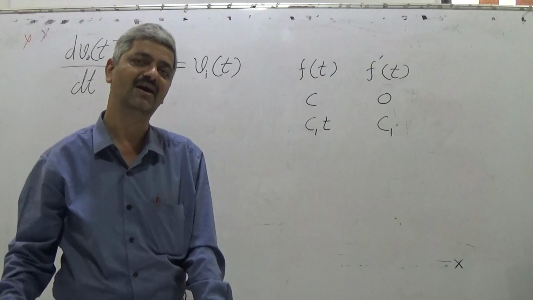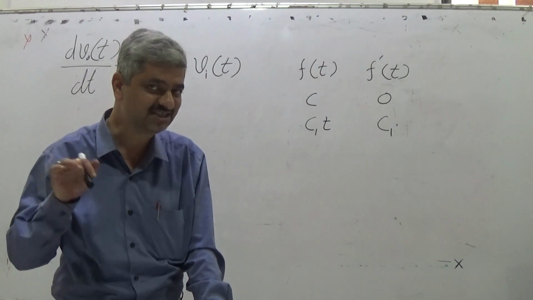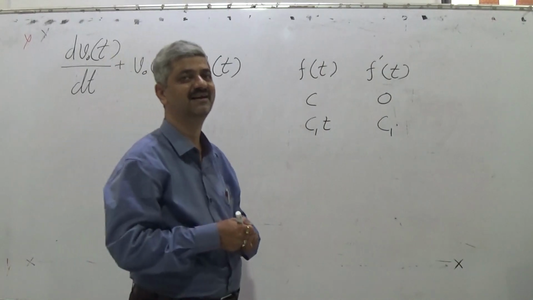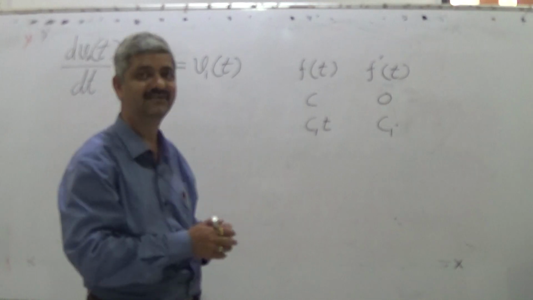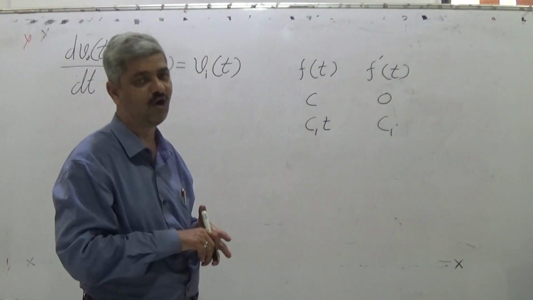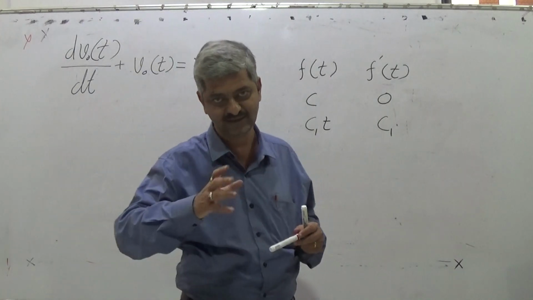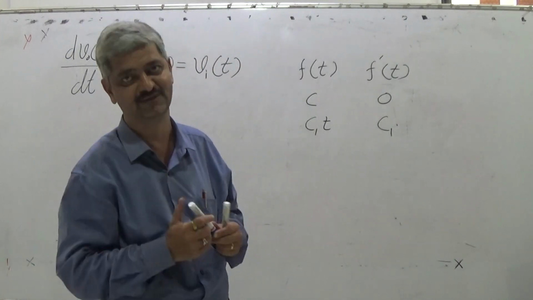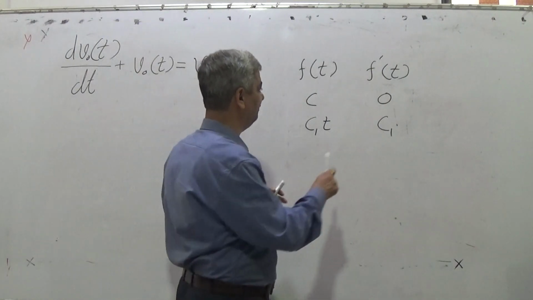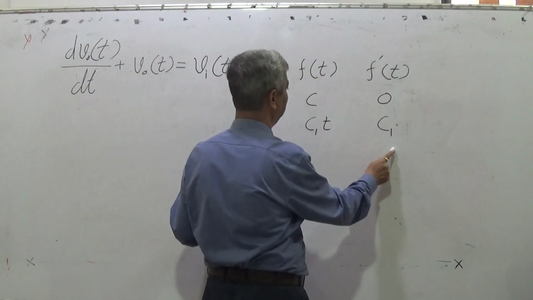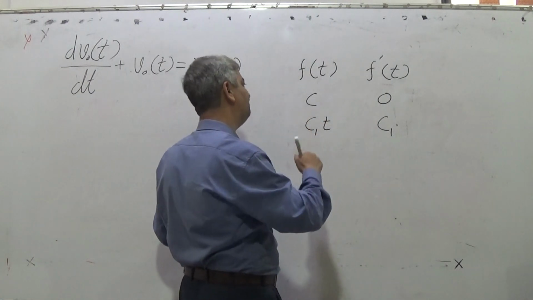Now I want f(t), which I call a magic function, a class of functions for which the derivative is nothing but multiplying f(t).